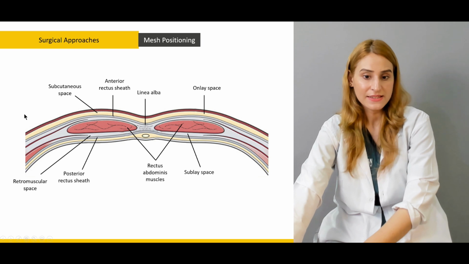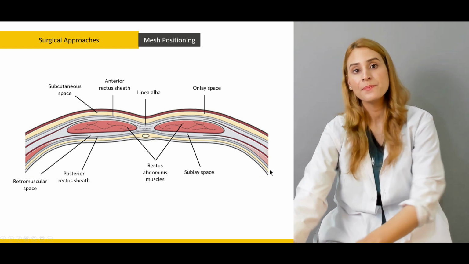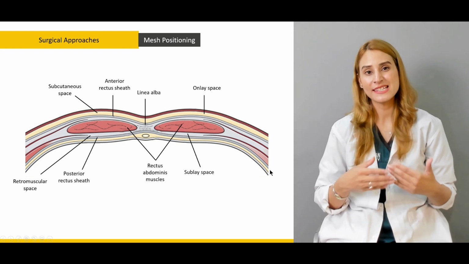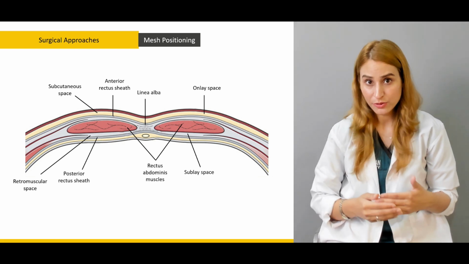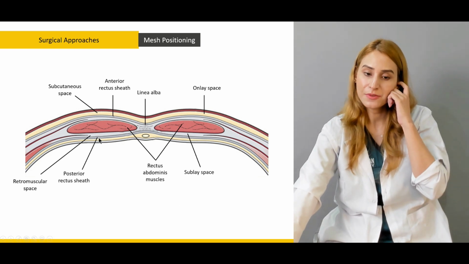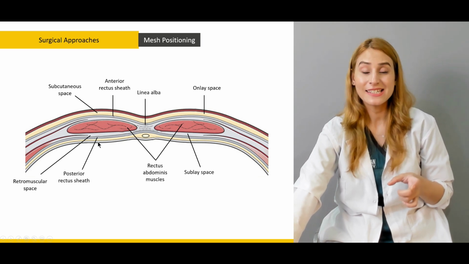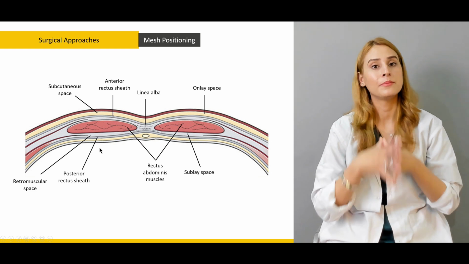And you can also place, this is the peritoneum here. So you can also place the mesh in the preperitoneal space, in front of the peritoneum, behind the posterior rectus sheath. This is the posterior rectus sheath. This is basically the peritoneum. So you can place the mesh here. This is the preperitoneal mesh repair.